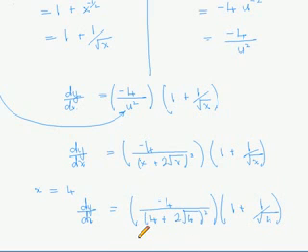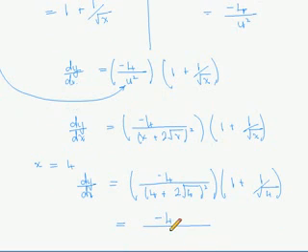All starts looking a little bit messy, but hopefully we get to the right solution. So we now end up with minus 4 over 4 plus 4, 8 squared gives us 64.